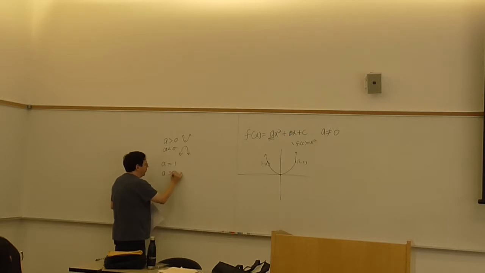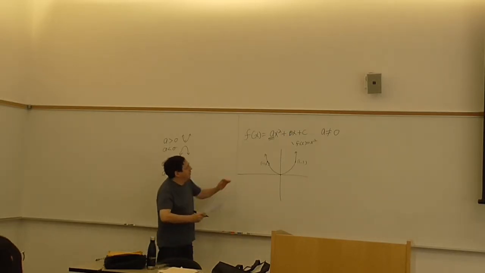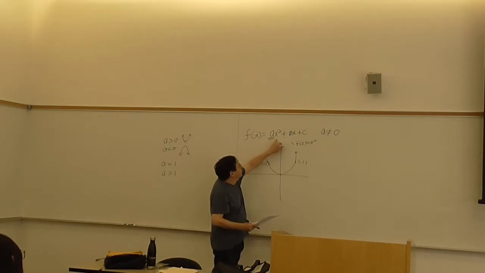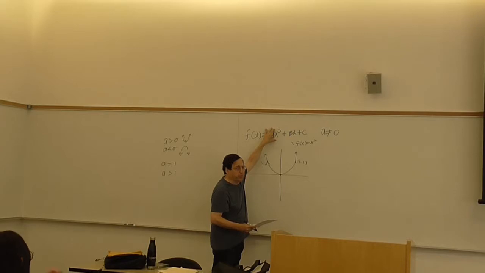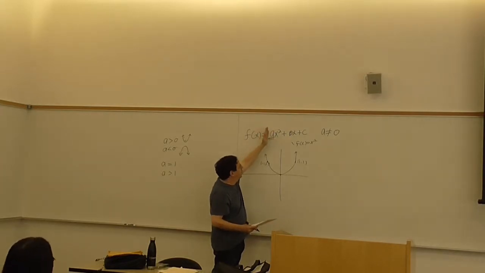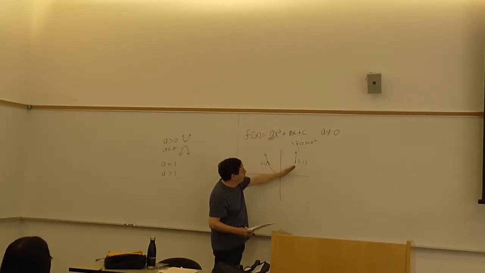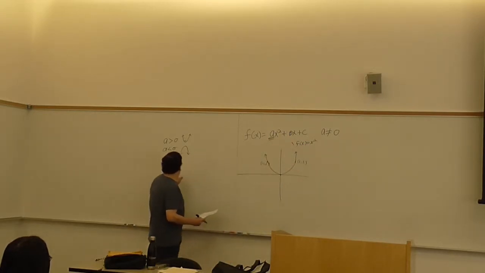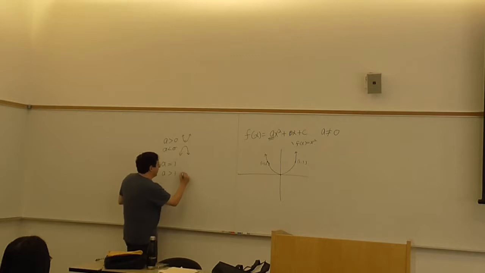If a is greater than 1, well, let's think about this. We're multiplying the first term by some value, which is going to transform it upwards. So it's going to go up faster.